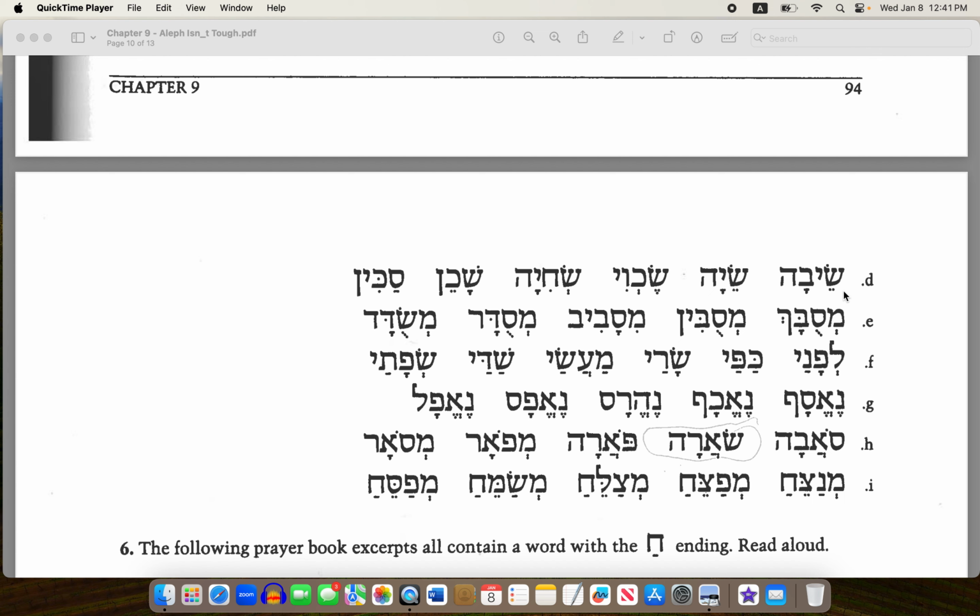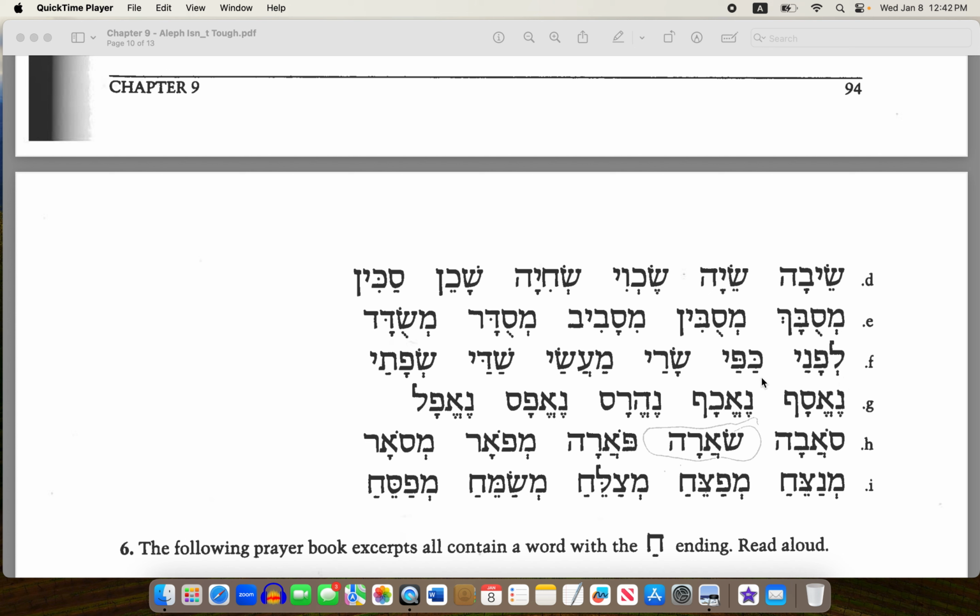Line D. Seva, Seya, Sechvi, Sichia, Shachain, Sakin. Line E. Misubach, Misubin, Misaviv, Misudar, Misudad.